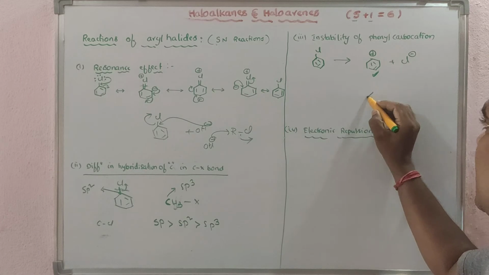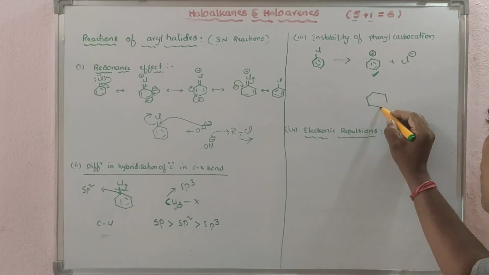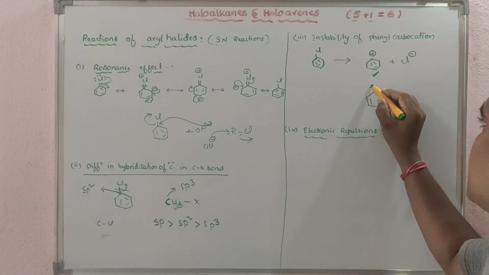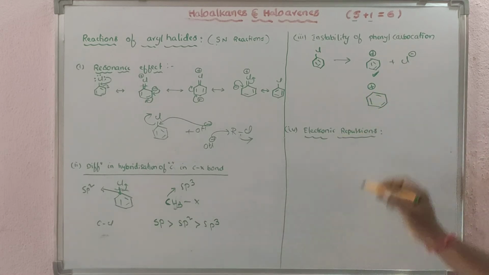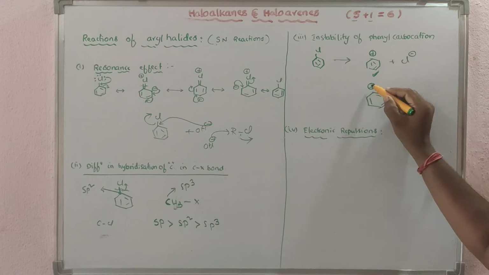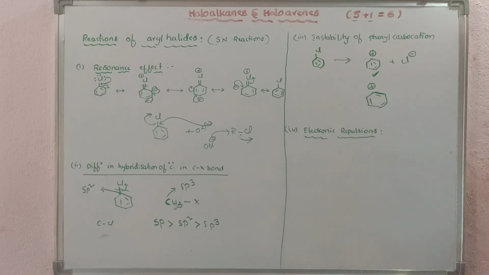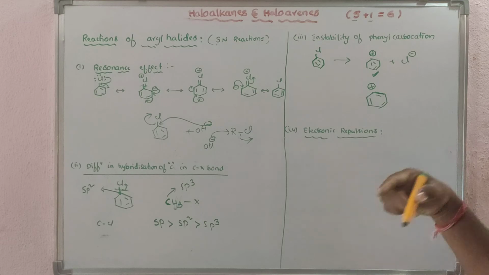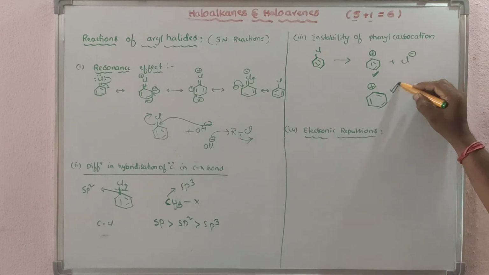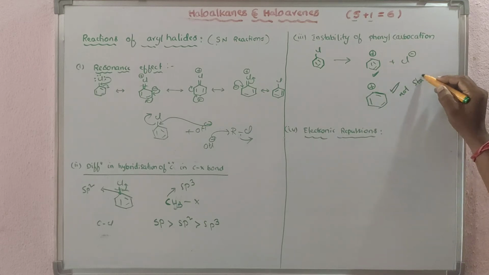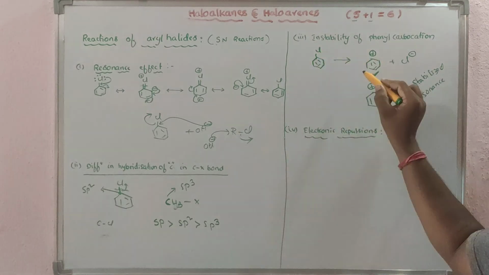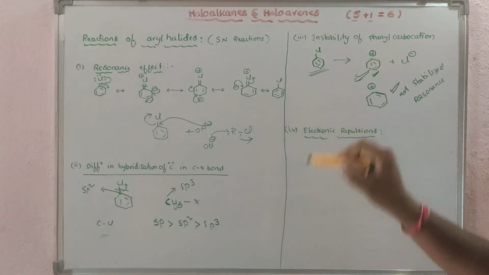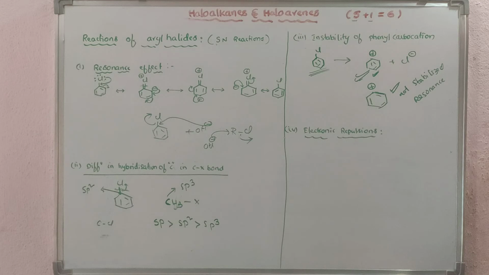But in the phenyl carbocation, the positive charge is not stabilized by resonance, because there is no conjugation; the positive charge and double bond are only side by side. So it is not involved in resonance, it is not stabilized by resonance. So it is unstable, and the SN1 mechanism is ruled out.